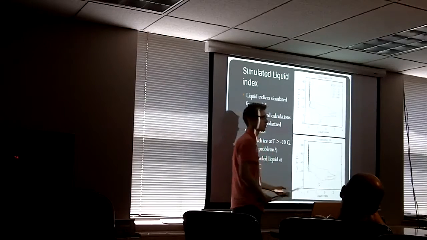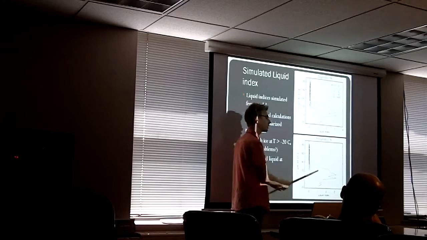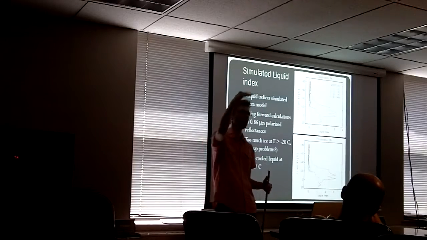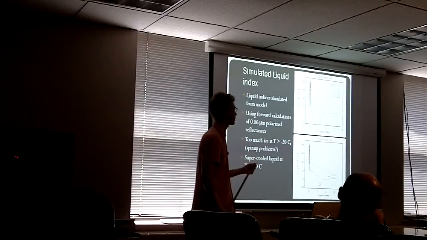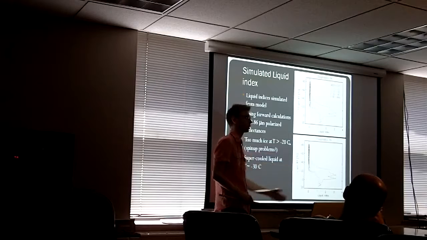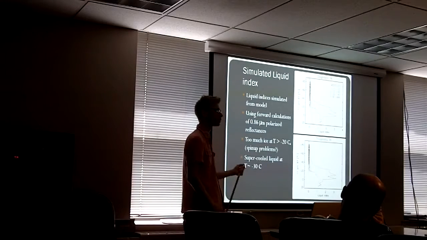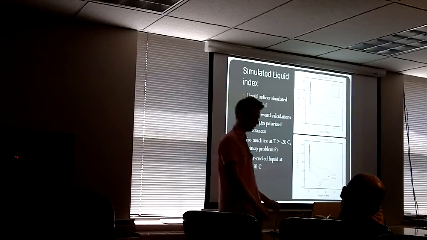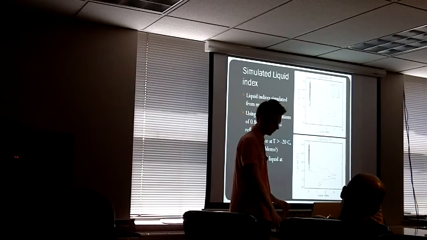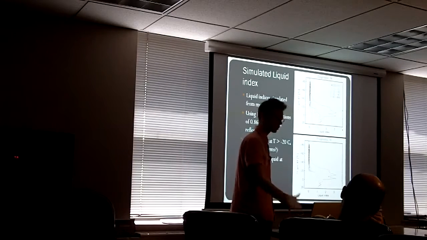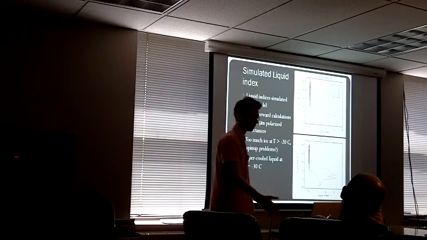So you see liquid up to temperatures around -30 or so that you also see in the measurements. So it does simulate the supercooled liquid similar to the measurements. So this is a way to evaluate the glaciation temperatures in the model.